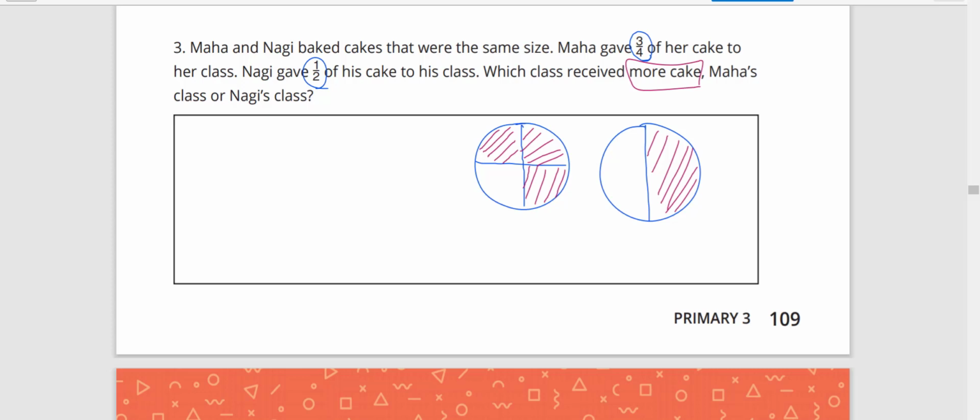Now, if we divide this part into two equal parts, we note that each part equals one fourth, and this part equals one fourth. So two fourths equals one half.